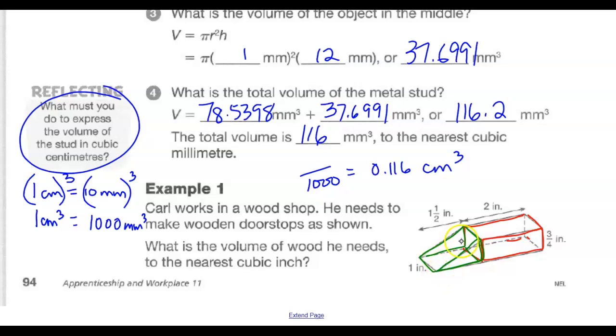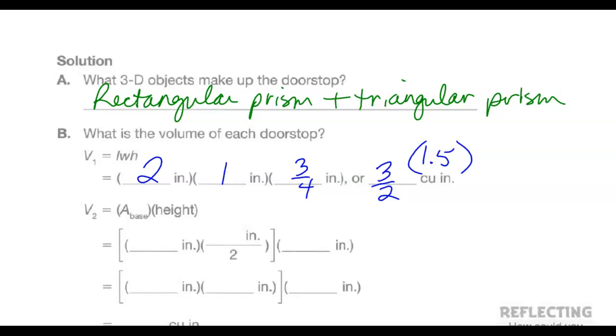So we have this horizontal will be 1.5, same as up here. And the height of that is 3/4. Then the width there is 1. So 1.5, and then 3/4 divided by 2 times the 1 in the height.